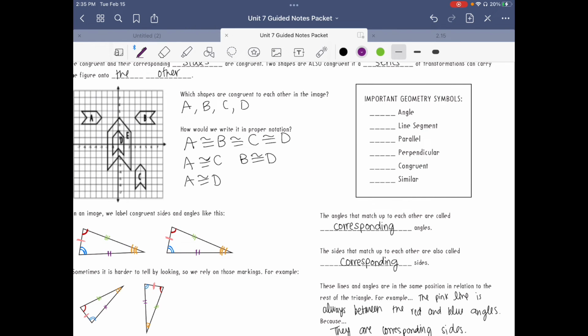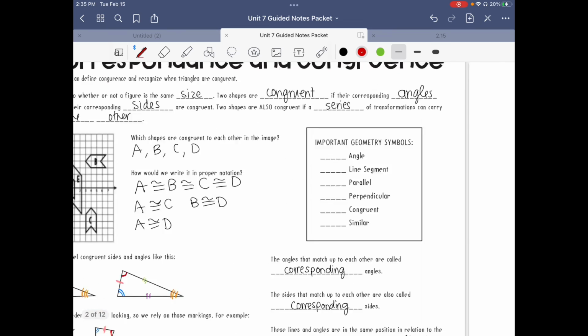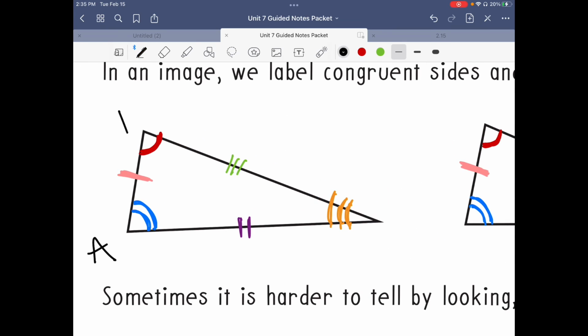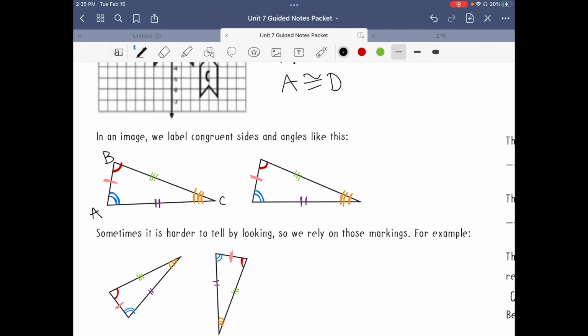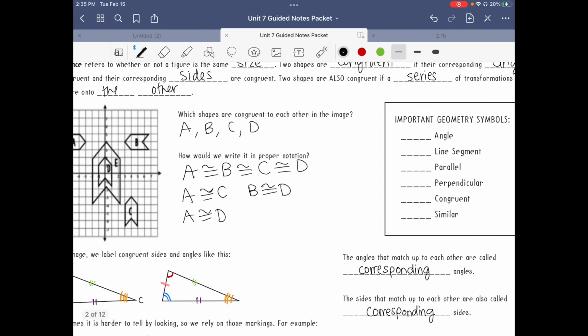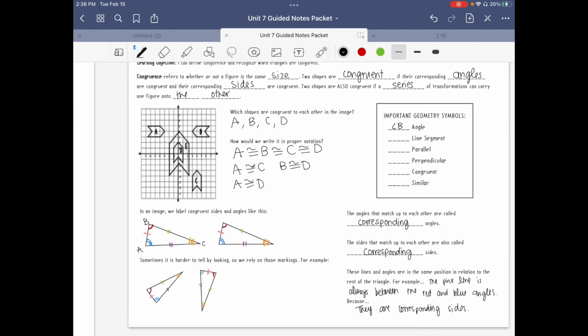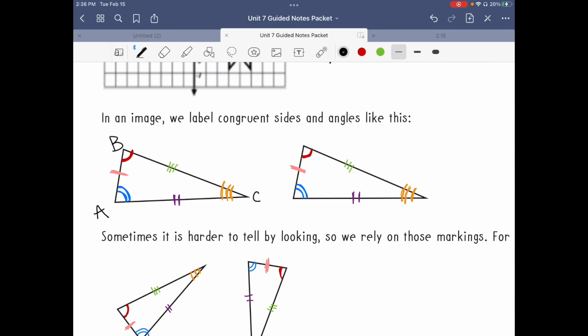So, pick good colors here. I'm going to come over here and we're going to label this just for the sake of talking about some of the symbols. It might make it easier. So I'm going to label that as ABC. We have two ways that we could write angles. We could just write angle B, and that's fine. Sometimes we have to be more specific, okay?